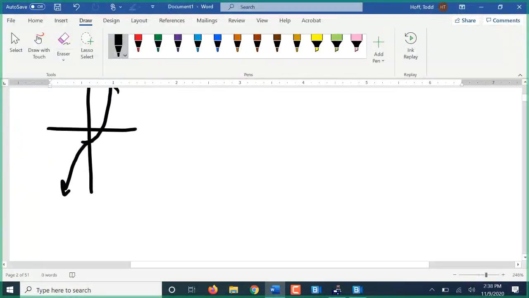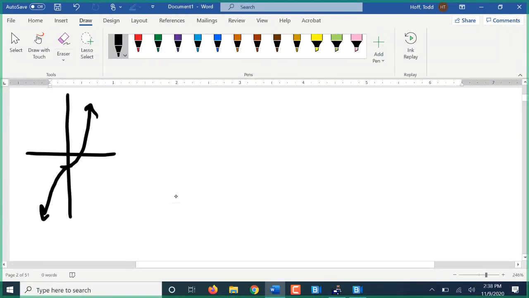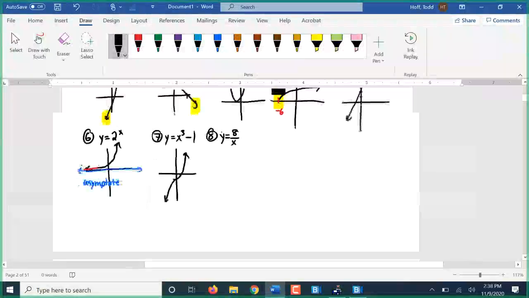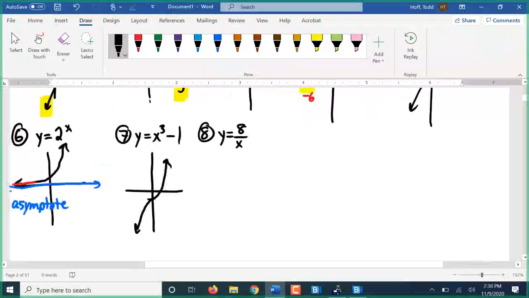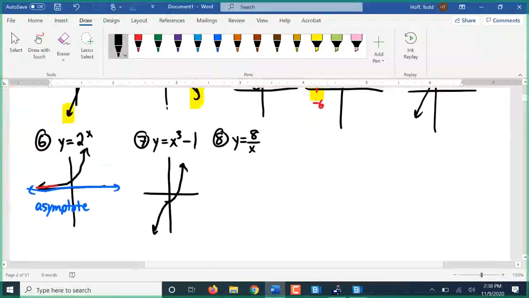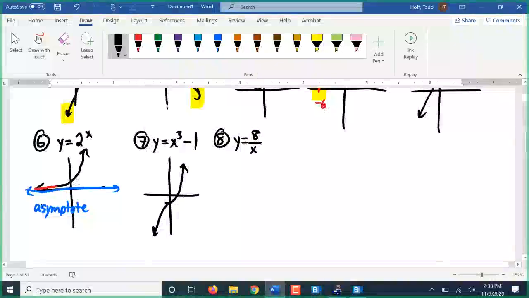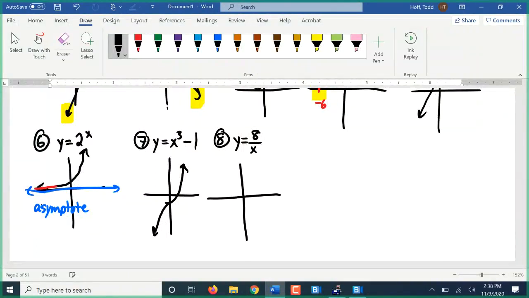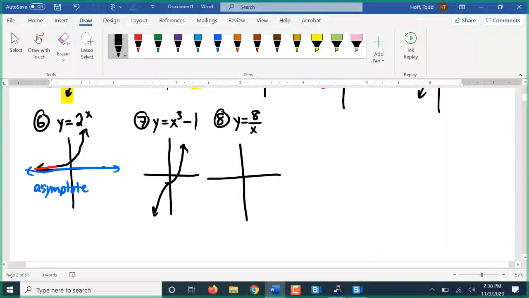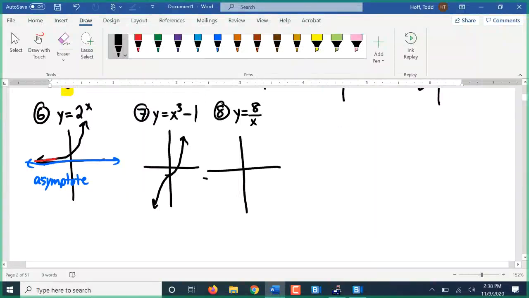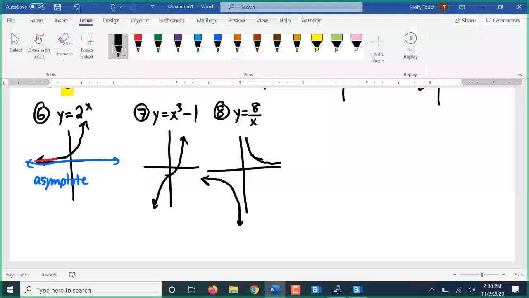So the way it ends up getting graphed is going to look something like this. It's 2 curves.